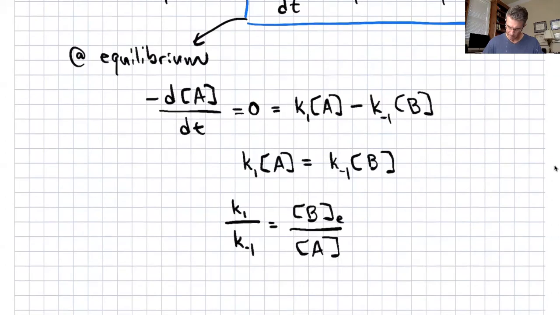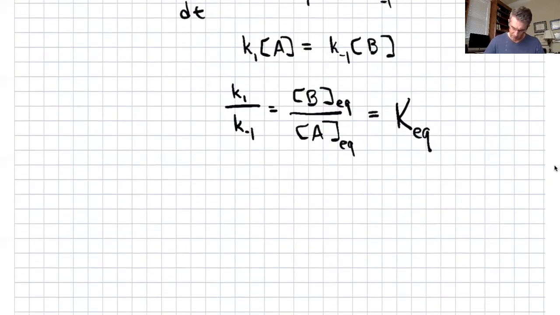At equilibrium. We know what that expression is equal to, right? That's the equilibrium constant. And so what this means is that the equilibrium constant for a simple unimolecular process like this is simply equal to the ratio of the forward and the reverse rate constants.